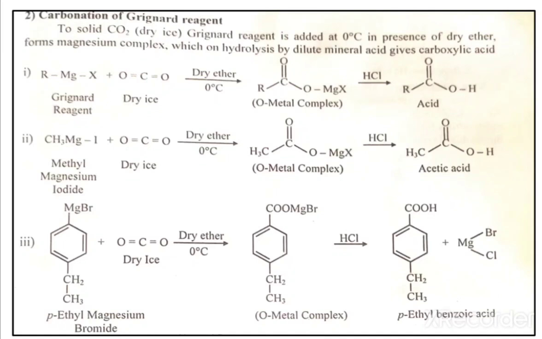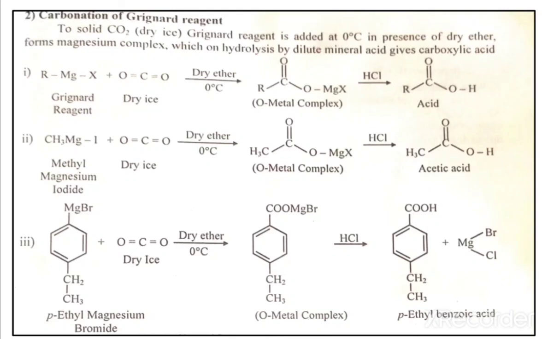But if we take the same ester and treat it with H2O in presence of NaOH, that means alkali, we get the salt of acid. In both cases, in acid hydrolysis and in alkali hydrolysis, we get ethyl alcohol as a byproduct.